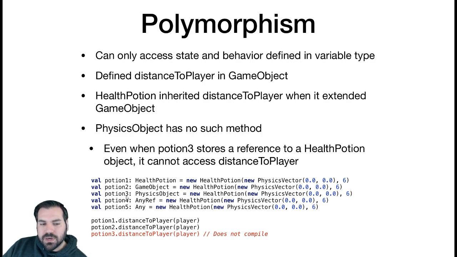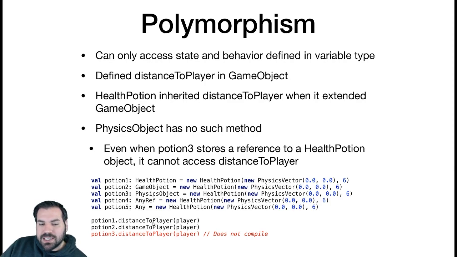So potion 3, for example, is of type physics object. Even though it stores a health potion, even though it's currently holding a reference to a health potion, we can't use health potion specific functionality, and we can't use game object specific functionality. We can only use physics object functionality. So this variable here can only access physics object functionality.